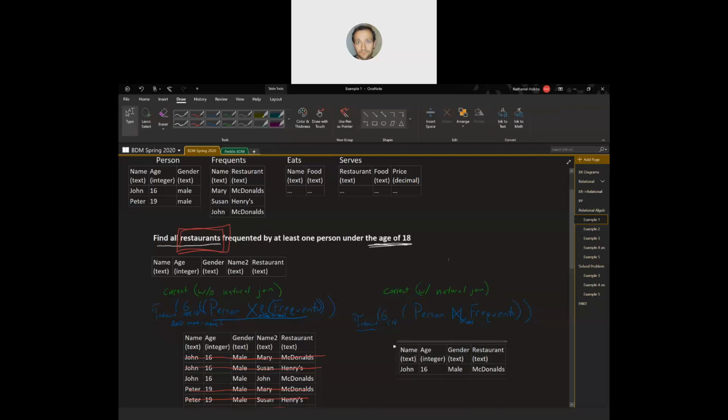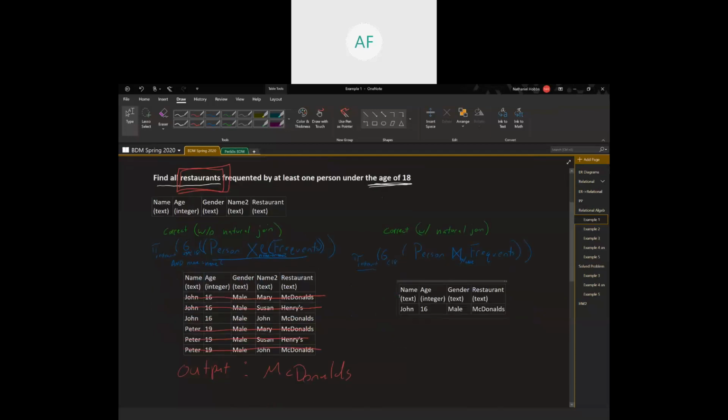Okay. Why do you prefer the left side more than the right side, the one with the natural join? Because the natural join, it's easy to make mistakes.